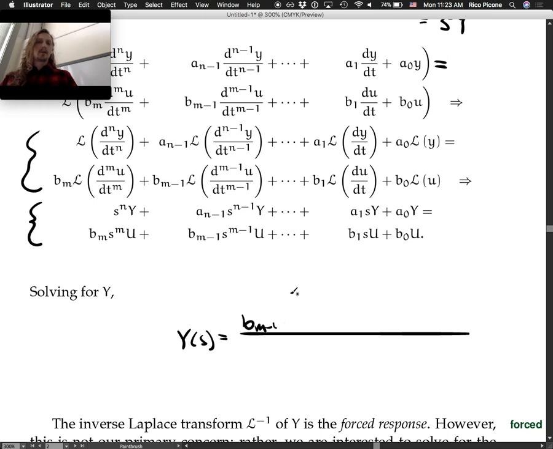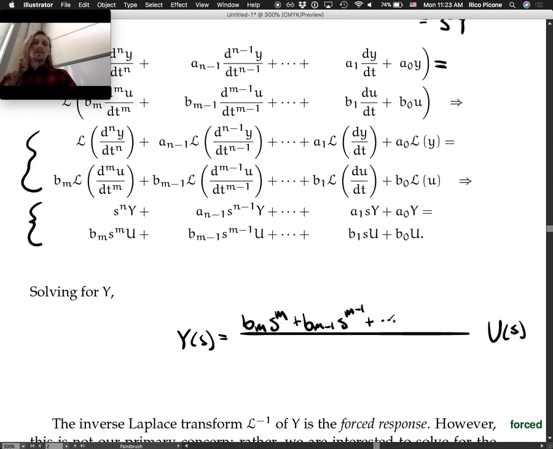b_m, I should say, s to the m plus b_{m-1} s to the m minus 1. We're going to factor U out also, because it shows up in every term. We don't want to write it over and over again. So we'll factor it out.